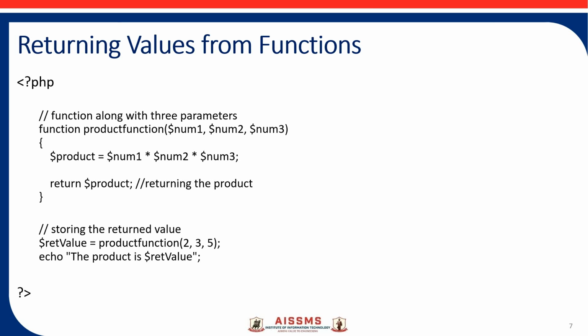Return product: whatever the multiplication value is, that is returned to the calling function. The calling function stores that value in a variable $retvalue, and displays the statement that the product is $retvalue. So when you run this program, it will display the product is 30.